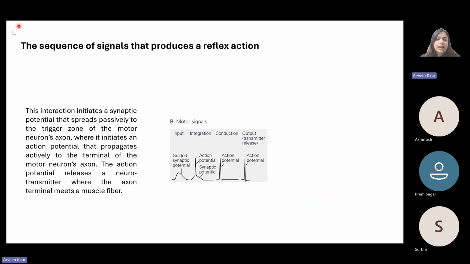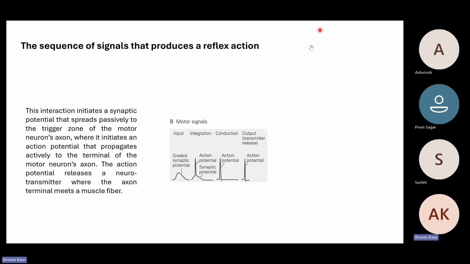Thereafter, what is happening at this motor signal segment? This interaction initiates a synaptic potential that spreads passively to the trigger zone of the motor neuron's axon, where it initiates an action potential that propagates actively to the terminal of the motor neuron's axon. The action potential releases a neurotransmitter where the axon terminal meets a muscle fiber, right? So that is the response that this motor signal is going to produce.